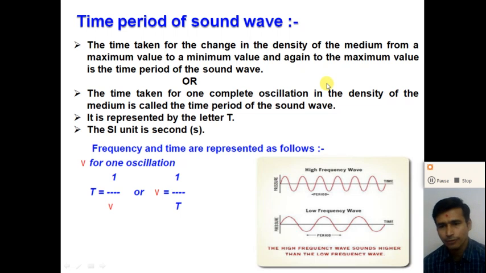The number of oscillations completed in a unit time is called the frequency of the sound wave, and the time taken to complete one oscillation is called the periodic time of the sound wave, and the frequency and the periodic time are related to each other. That is, capital T is equal to 1 by nu, right?